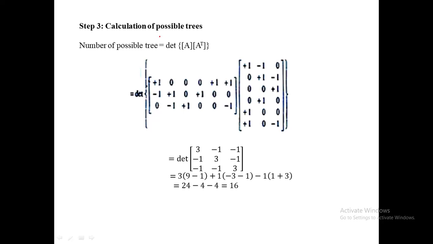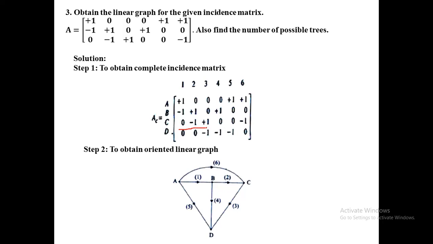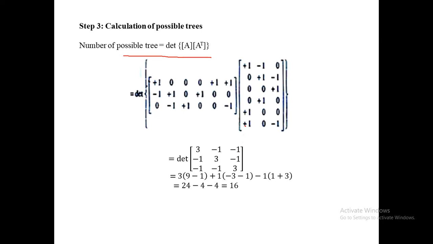Next, calculate the number of possible trees. We know that the number of possible trees equals the determinant of A times A transpose. We know that A is the reduced incidence matrix. In the incidence matrix, we just have to remove the last row. This is the reduced incidence matrix. Next is the A transpose of this reduced incidence matrix. Next, we have to multiply these matrices.